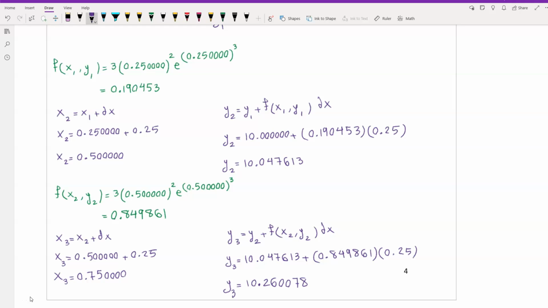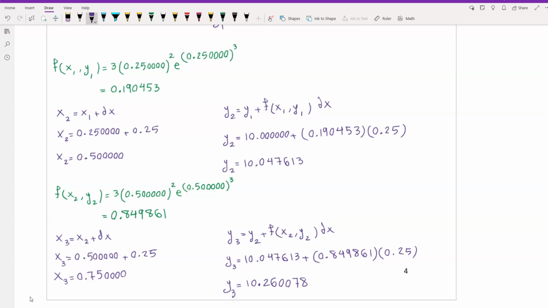The next step, find x2 and y2. So x2 is equal to x sub 1 plus dx. X sub 1 is 0.25 and dx is 0.25. So here x2 is 0.50, but here again I used 6 decimal places, so it's 0.500000, and y2 is equal to y1, which is 10, plus f of x1, y1, which is 0.190453, times dx, which is 0.25.